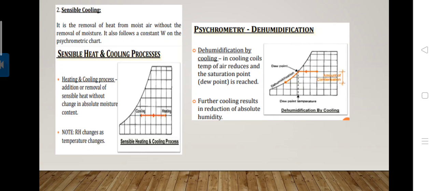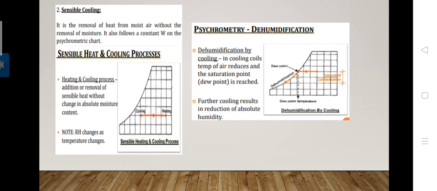For heating, T1 is the dry bulb temperature of the entering air, T2 is the temperature of the heating coil or heating medium, and T3 is the dry bulb temperature of the leaving air. For the bypass factor of a cooling coil, T1 is the dry bulb temperature of the entering air, T2 is the temperature of the coil, and T3 is the dry bulb temperature of the leaving air.